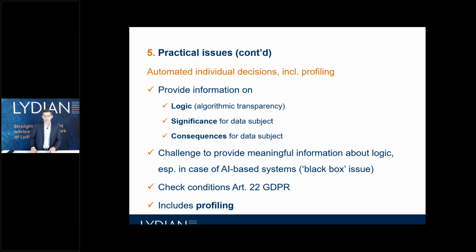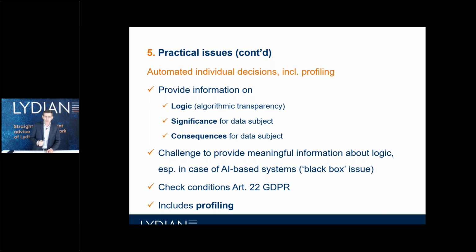On automated individual decisions, including profiling, again, there we sometimes face difficulty when reviewing fair processing notices. The GDPR says that you should provide 3 items of information. So if you are using automated individual decision making, including profiling, and I think today with big data and with artificial intelligence being more and more used, most companies will be using some form of automated individual decision making or profiling, you need to provide information on 3 items.